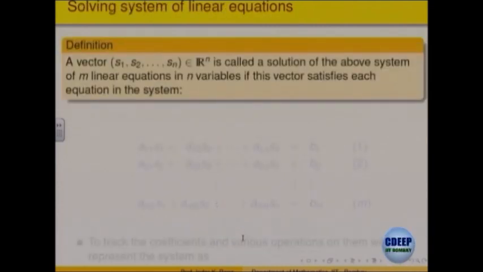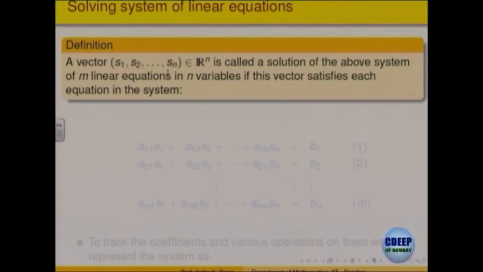Before that, let us just say a vector (s1, s2, ..., sn) in Rn. Everybody is familiar with R1, R2, R3, Rn, with n components. So, a vector or a point (s1, s2, ..., sn) in Rn is called a solution of the system if, when I replace x1 by s1, x2 by s2, xn by sn in all the equations, the left hand side is equal to the right hand side.